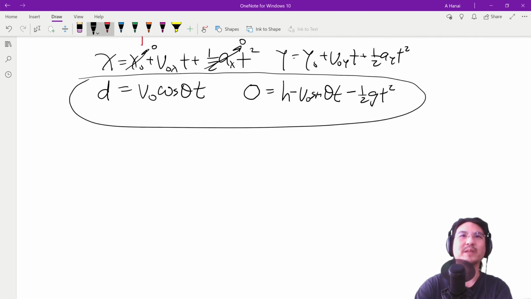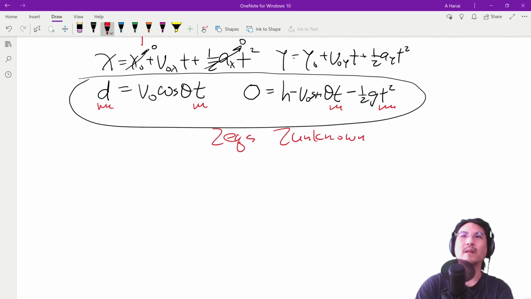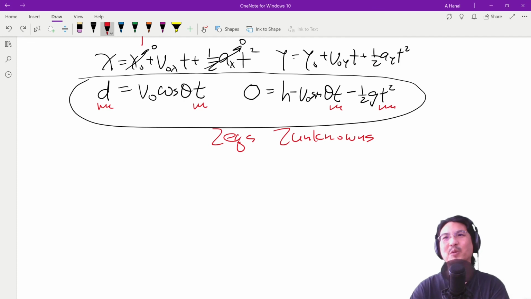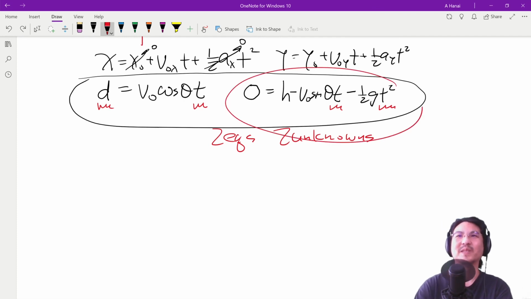Then what is known and what is unknown. I don't know this, I don't know this. There you go: two equations, two unknowns. In this case, you would just solve for t. You can solve this for t and plug it in here, or solve this for t and plug it in there. That's probably what I would do, which ends up being a quadratic. So solve this for t.